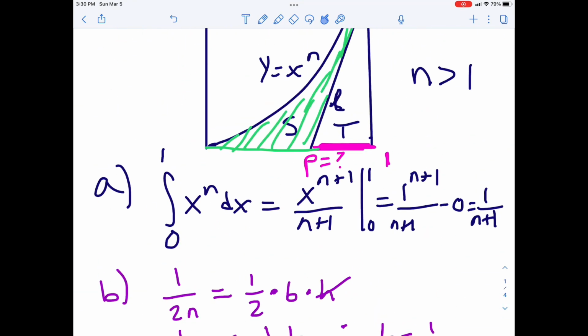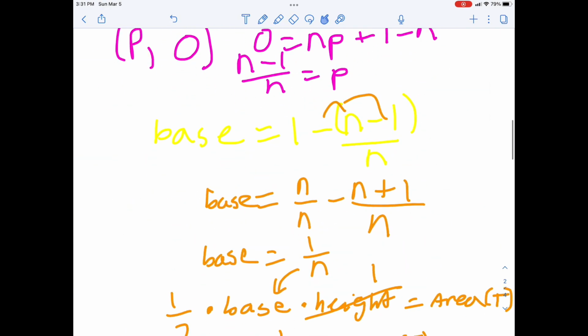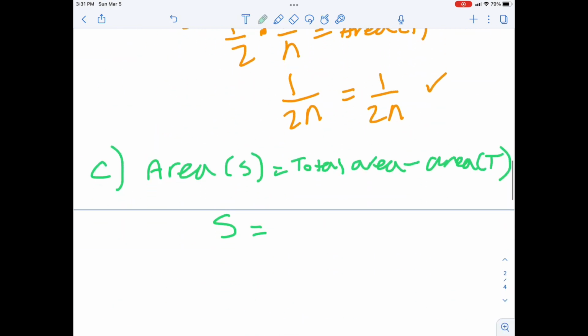That's just the integral of x to the n from 0 to 1. As you see here, that equals 1 divided by n plus 1. So I get 1 divided by n plus 1 minus the area of T, which is 1 over 2n, equals S. So that is the area of S in terms of n.